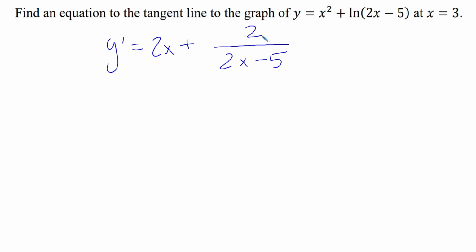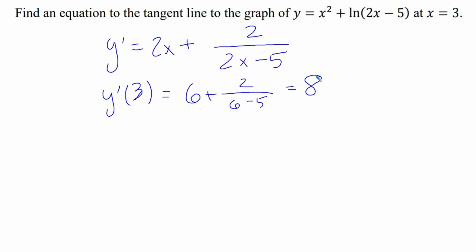And then we'll go ahead and evaluate that when x is equal to 3, which will give us 6 plus 2 over 6 minus 5. Well, that just becomes 8. So now we have the slope of the tangent line, and we just need the actual point. So we'll also figure out what y of 3 is.